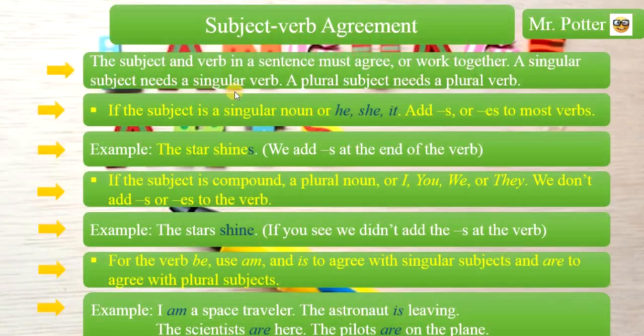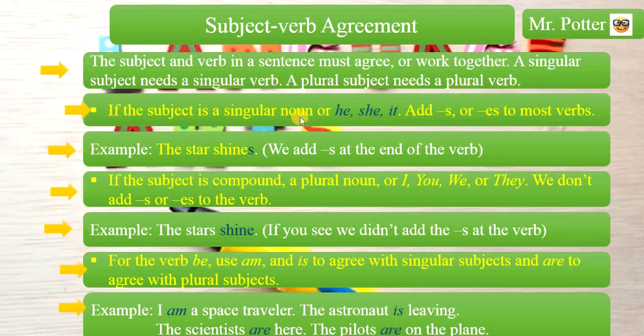Subject-verb agreement. In this, we are going to learn about the subject and the verb. Let's begin. The subject and verb in a sentence must agree or work together. A singular subject needs a singular verb, and a plural subject needs a plural verb. Number 1.